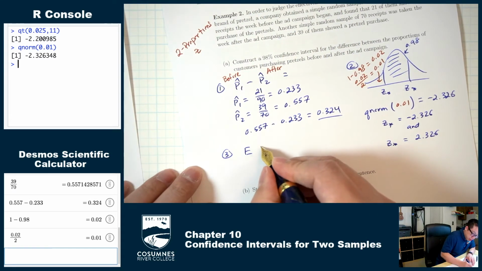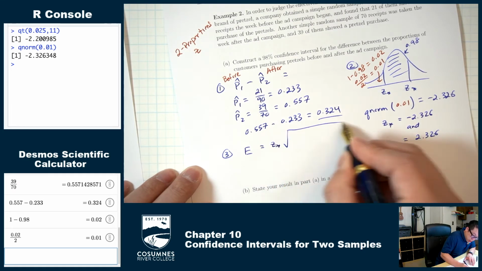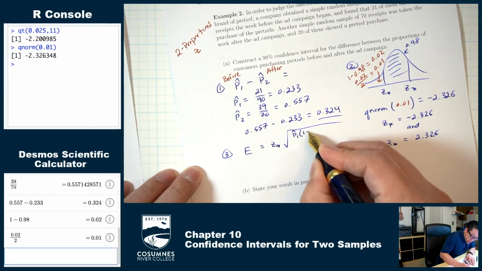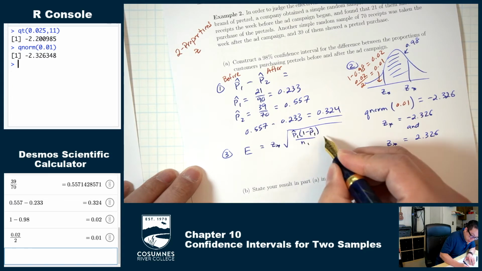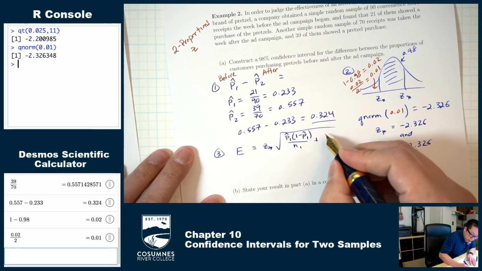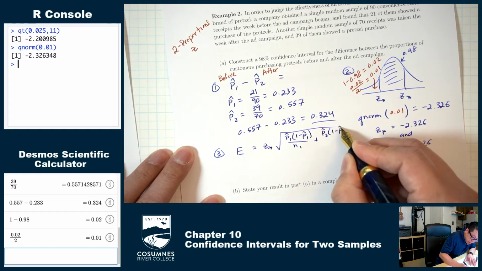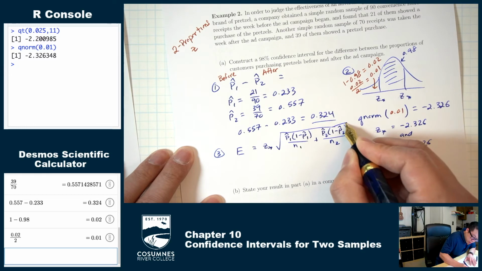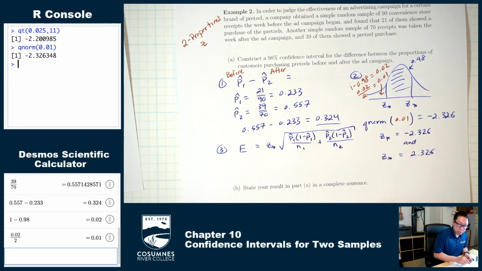This is going to be Z star times the big square root of P1 hat, 1 minus P1 hat over N1, plus P2 hat, 1 minus P2 hat over N2. Make sure both of those fractions are inside that square root.